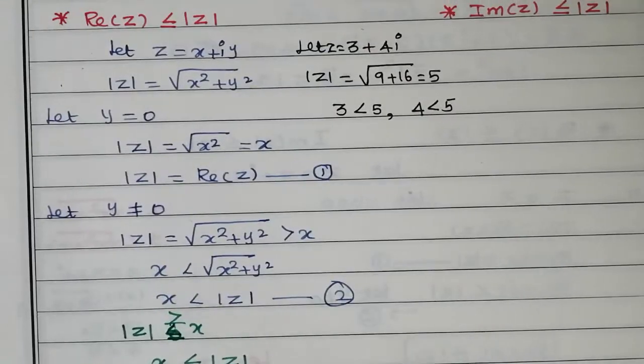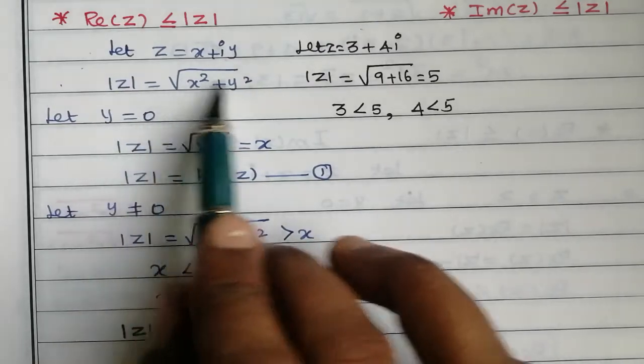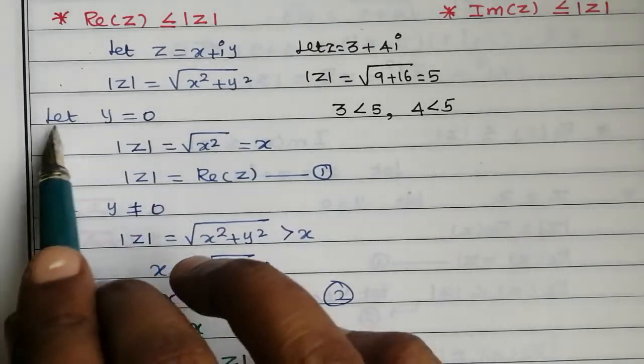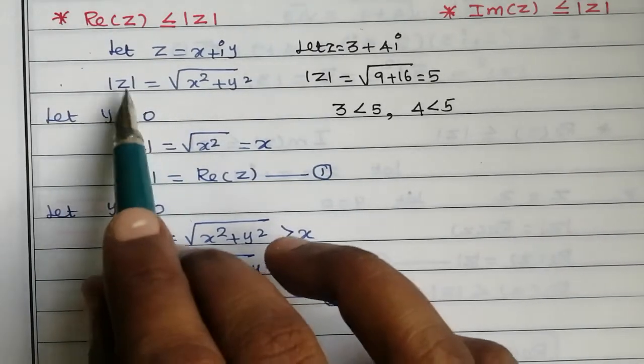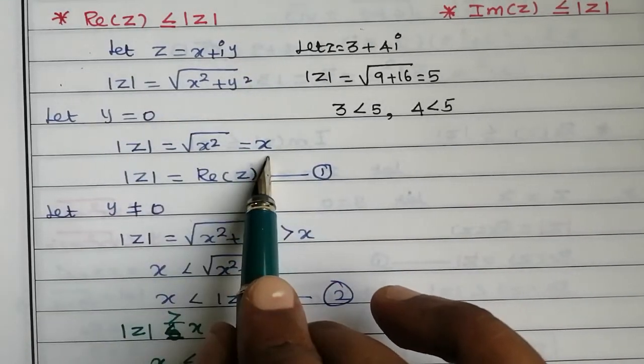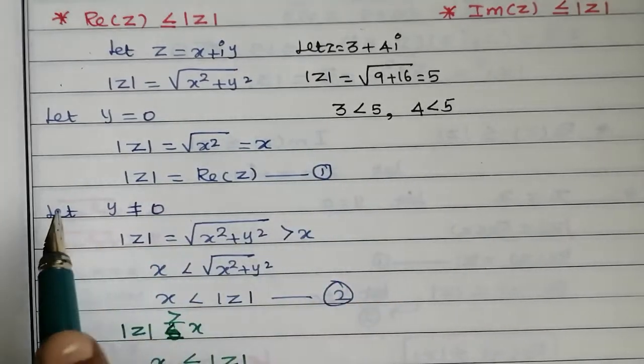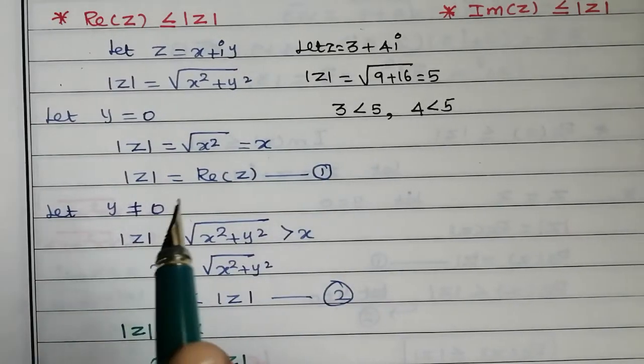Okay. So once again, let z equal to x plus iy, then modulus of z equal to root of x square plus y square. Suppose y is equal to 0. So modulus of z is nothing but root of x square, that is equal to x. Then modulus of z is equal to real z. Suppose y is not equal to 0.